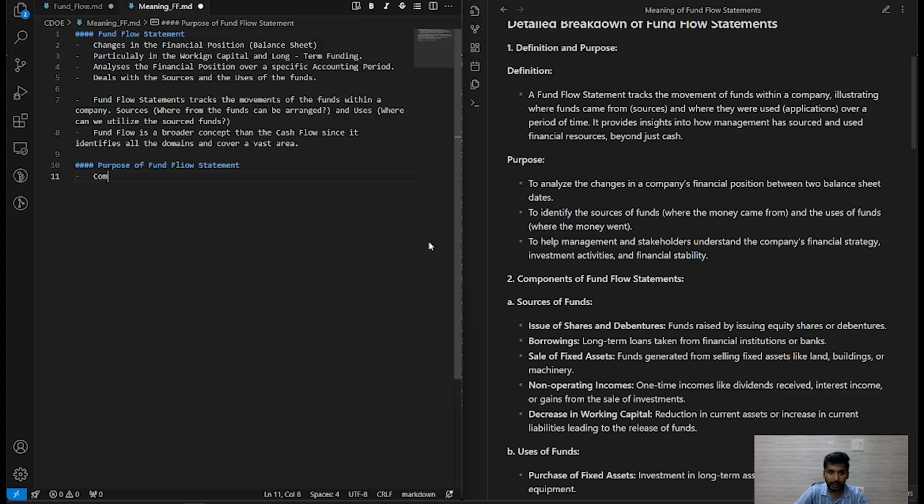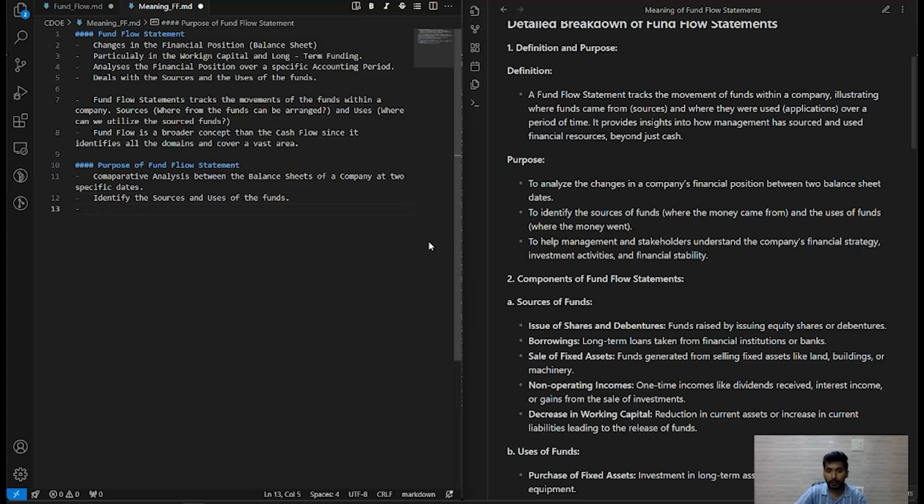So basically a comparative analysis between the balance sheets of a company at two specific dates. Also to identify the sources and uses of the funds.